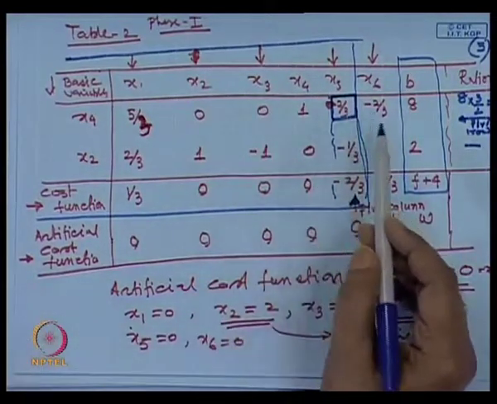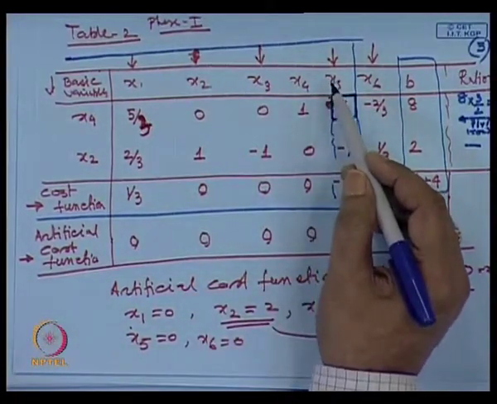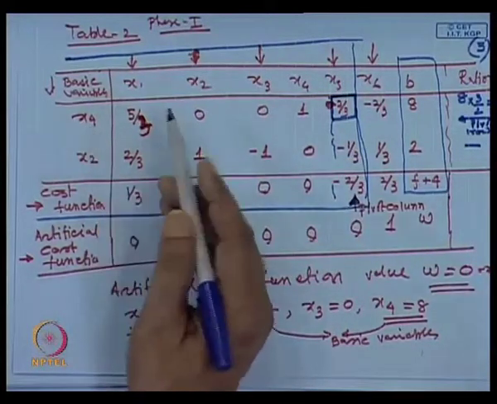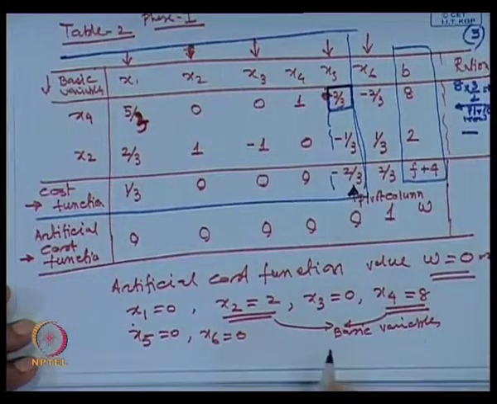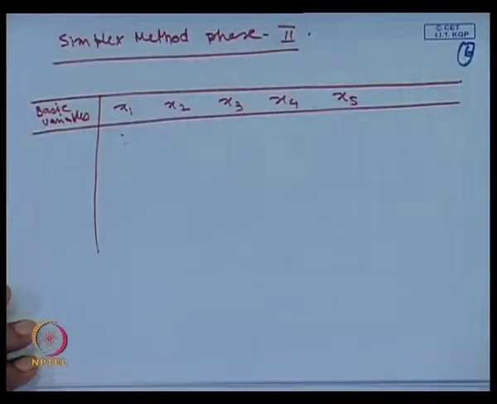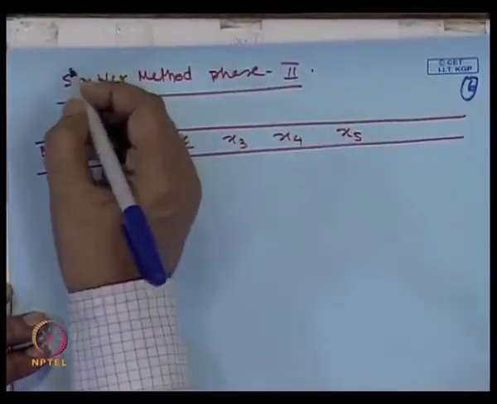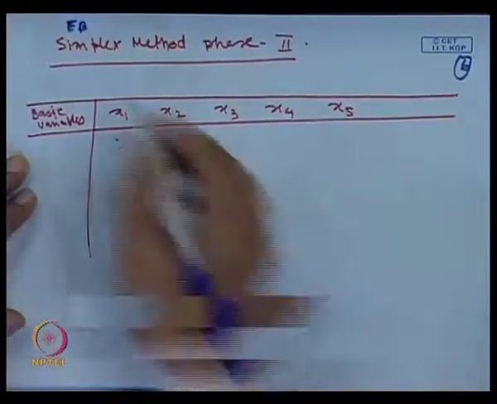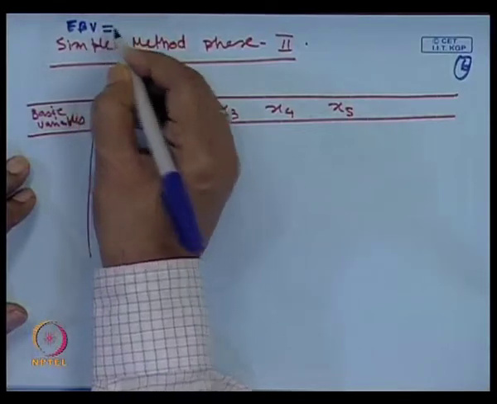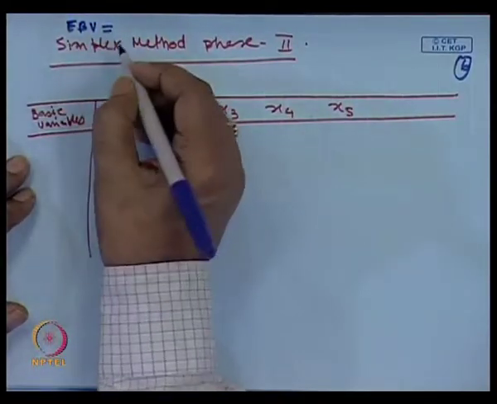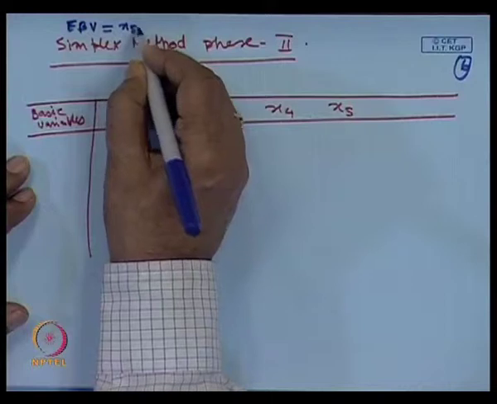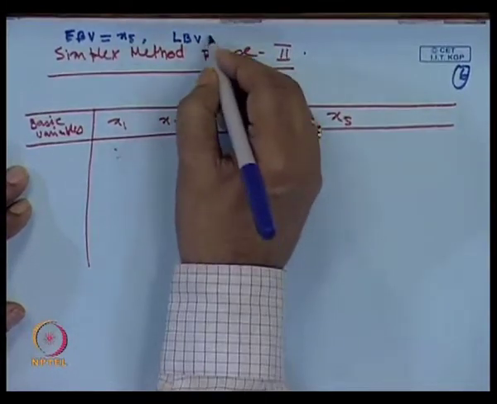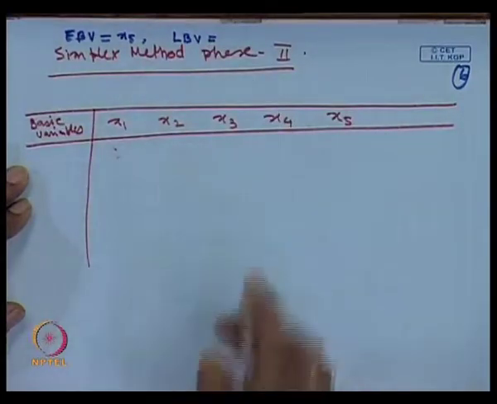So we consider that x5 is the entering basic variable and x4 is the leaving basic variable. We can write it here: before entering phase 2, the entering basic variable is x5, the leaving basic variable is x4.